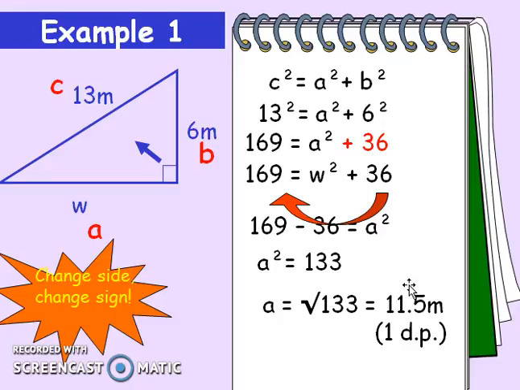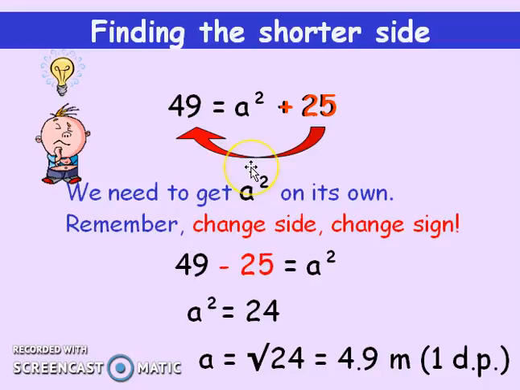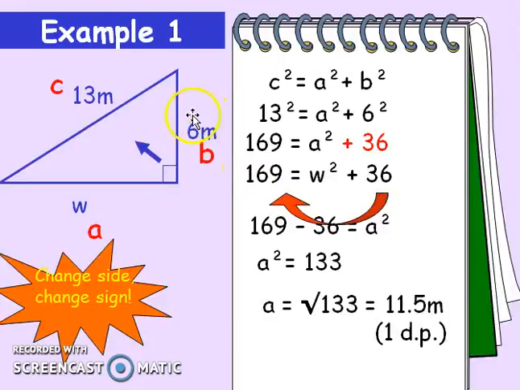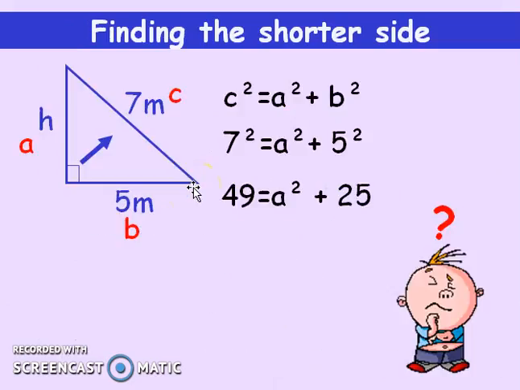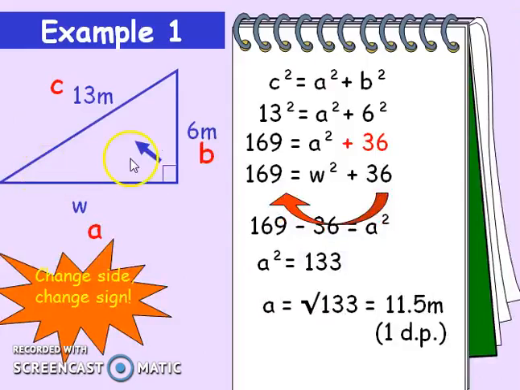Just now we found the opposite side, right? So right now we want to find the adjacent side, known as W. The question gives 13 meters for C and 6 meters for B. From the formula, C squared equals A squared plus B squared.